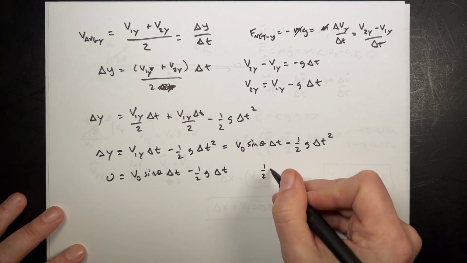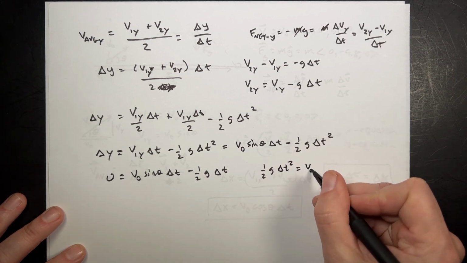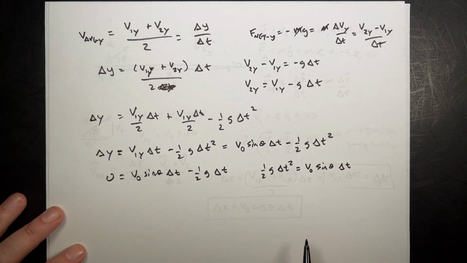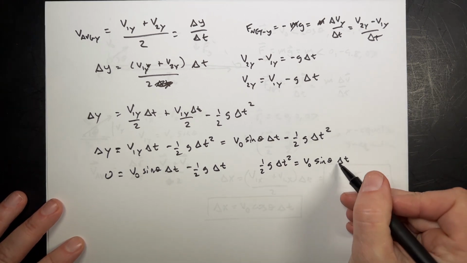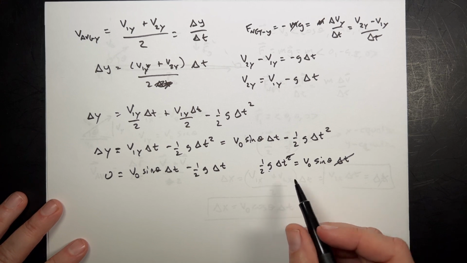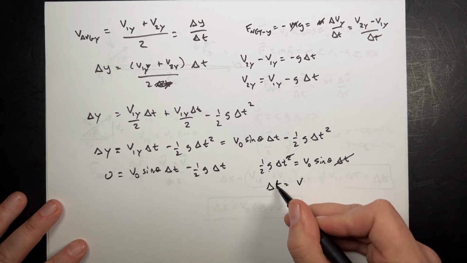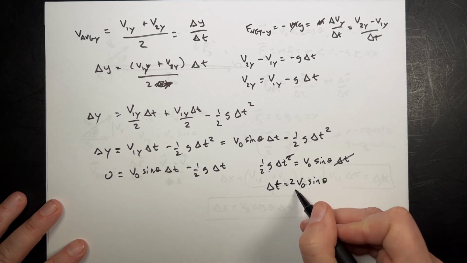I get 1/2 g delta t squared equals v0 sine theta delta t. I'm trying to get delta t, right? Because remember, I need that for my x equation. So I can divide both sides by delta t, and then I can divide both sides by g and multiply by 2. I get delta t equals 2 v0 sine theta over g.